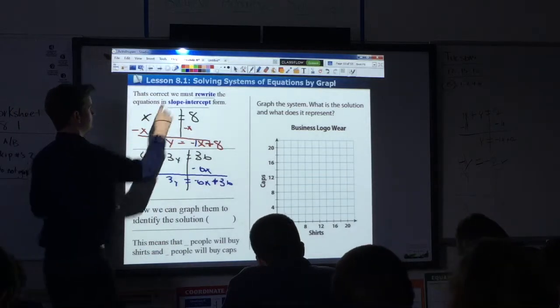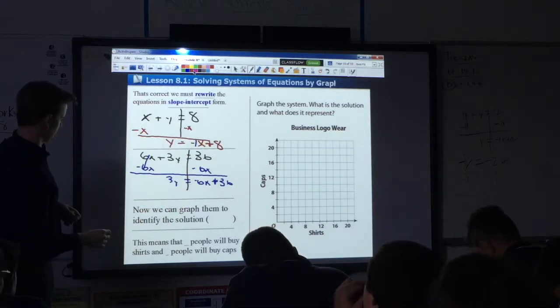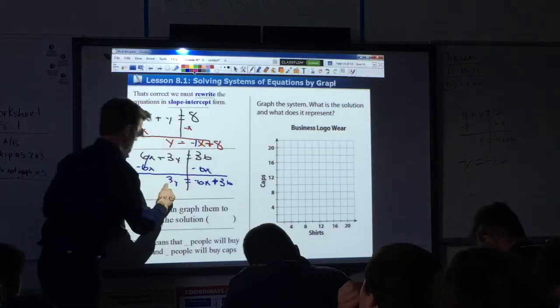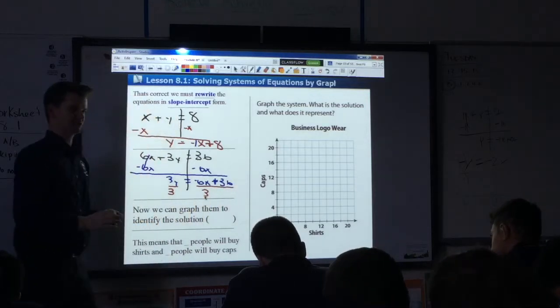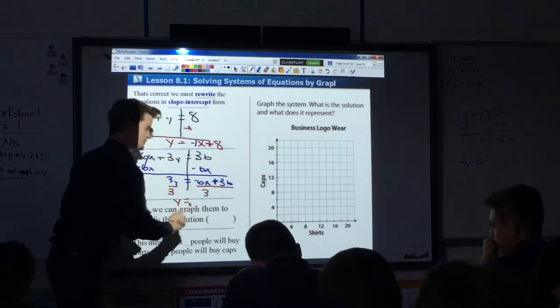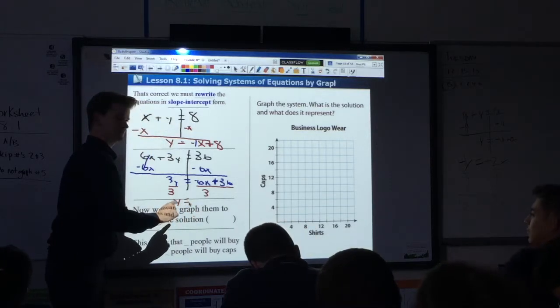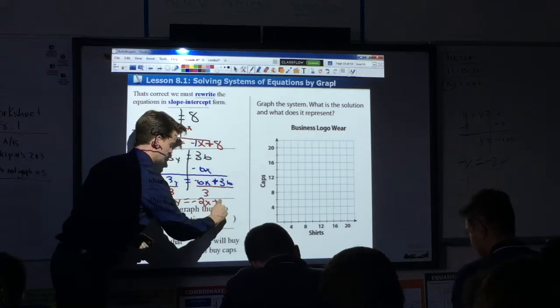Sydney, what do I do? You divide both sides by 3. I divide both sides by not 3x, but just 3, because that's the coefficient. And I'm going to end up with y equals negative 2x plus 12. Perfect.